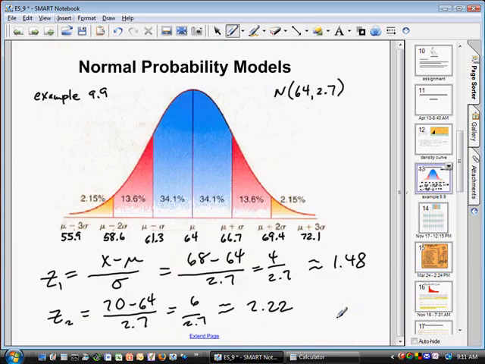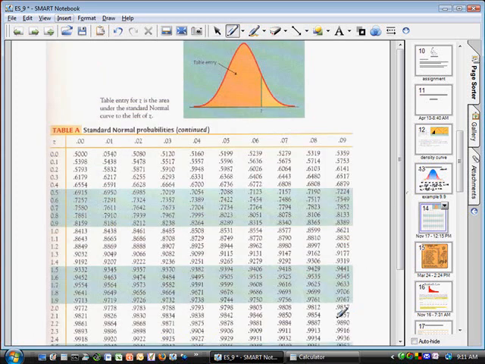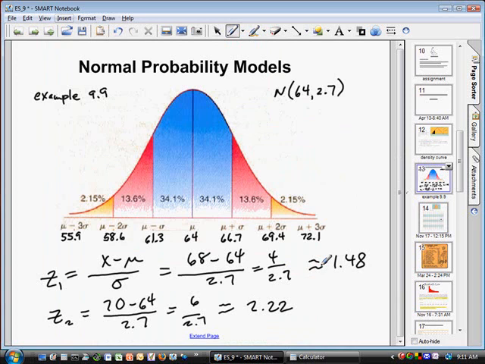Yep. Okay, what was that? 1.48 z-score. So let's start with that. Looks like 0.9306. Let's jot that down. Okay, and then let's do 2.22.